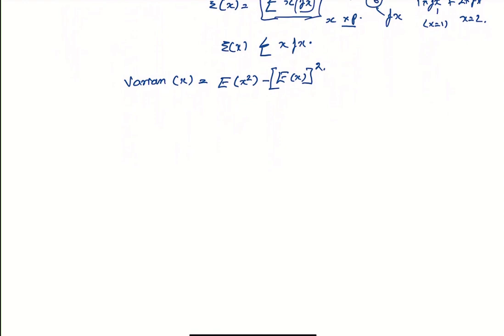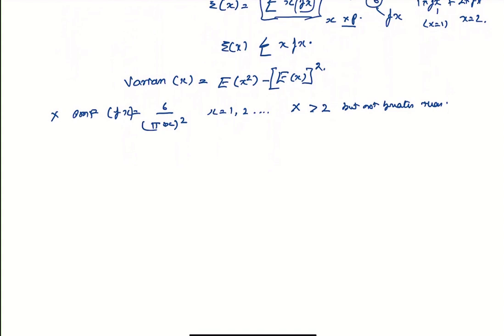So if a random variable x has a PMF of f(x) equal to 6 by pi square x square, and x is equal to 1, 2, ..., then the probability that x is more than 2 but not greater than 4 just means x is 3 and 4.